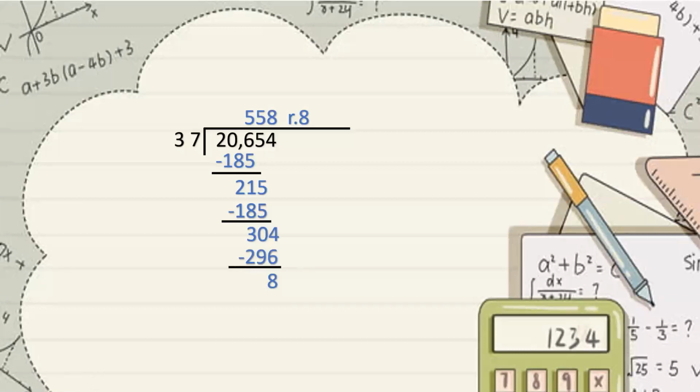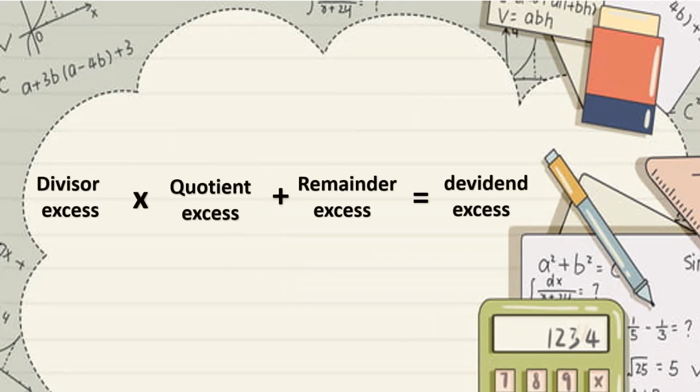Now let's continue with the next part. Remember the formula, that is divisor exceed times quotient exceed plus remainder exceed equal dividend exceed.